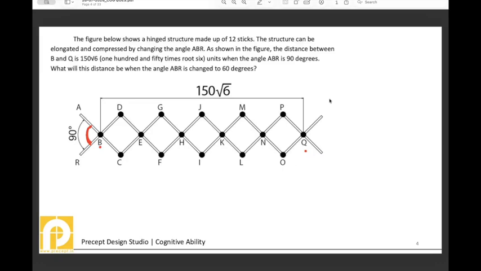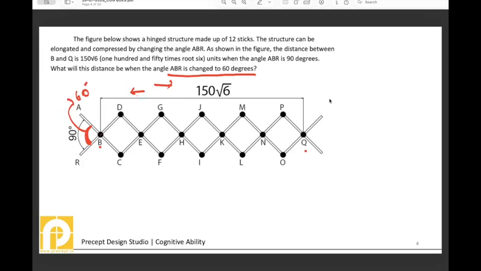What will the new distance between B and Q be when the angle ABR changes to 60 degrees instead of 90 degrees? This is more like those snake toys we used to have, with this hinge structure where the sticks' dimensions don't change, but the length changes depending on the angle. This can be elongated and also compressed back.